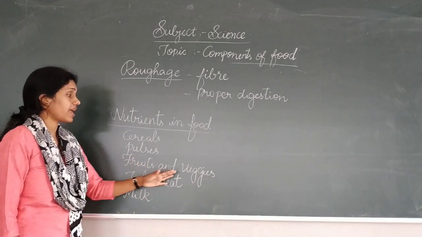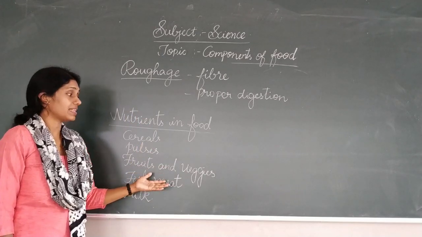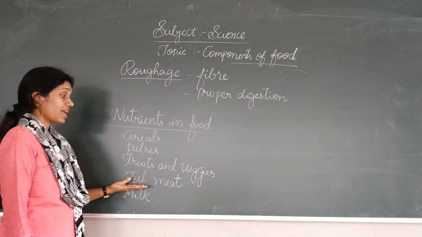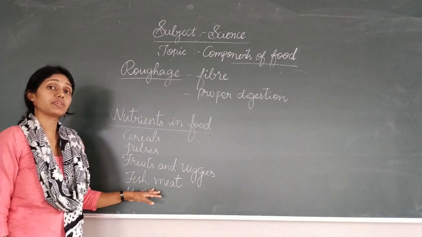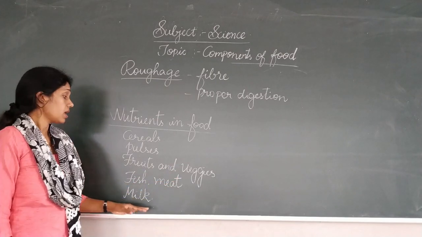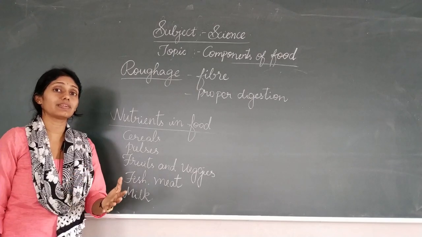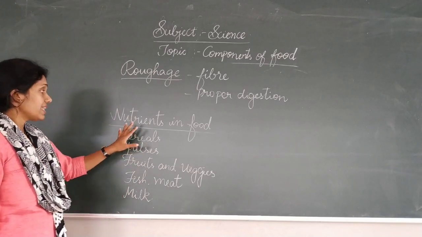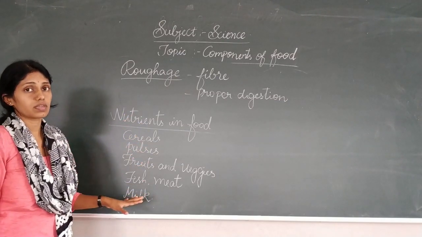And then fruits and veggies, they will be having roughage as I told you, and they contain vitamins and minerals. Fish and meat will be rich in some minerals and rich in proteins, right? Milk is rich in some minerals and it is rich in, yes, calcium. Yes. So each food item is having their own function.